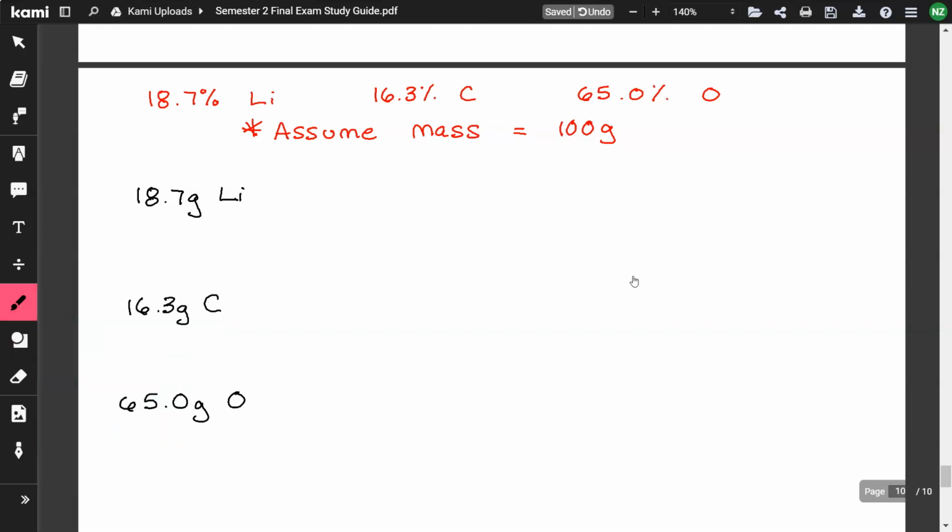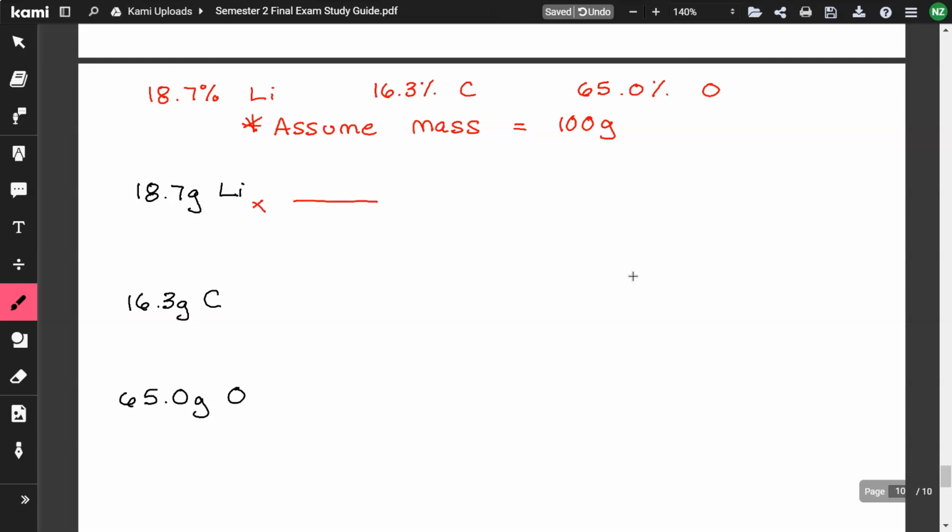All right. Now we need to turn these into moles. So lithium's molar mass is 6.94 grams of lithium for every 1 mole of lithium. Carbon, it's 12.01 grams of carbon in 1 mole of carbon.